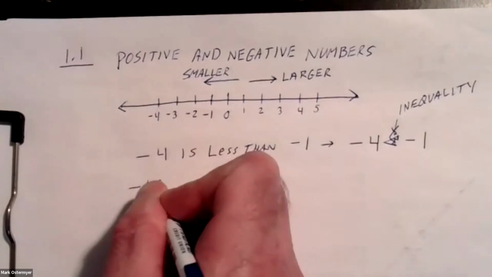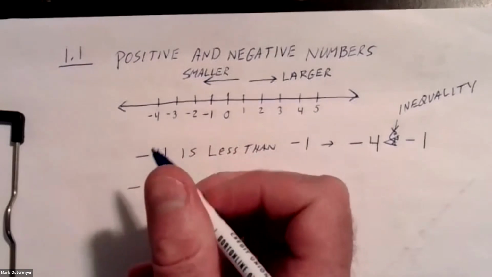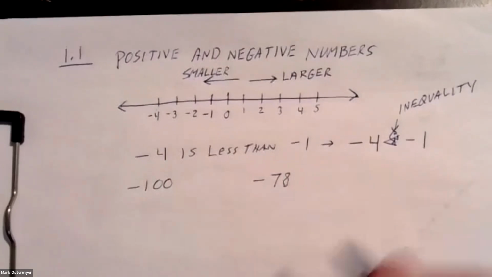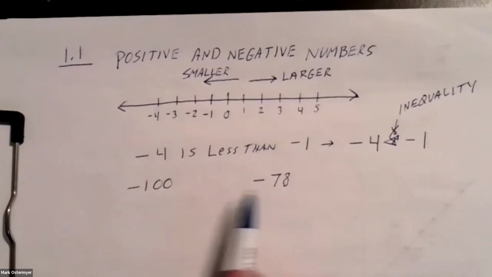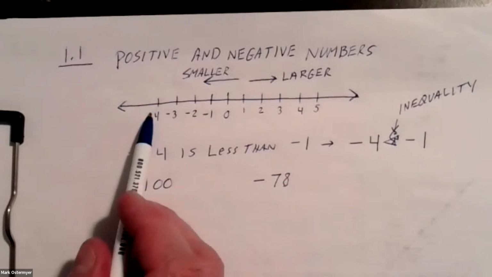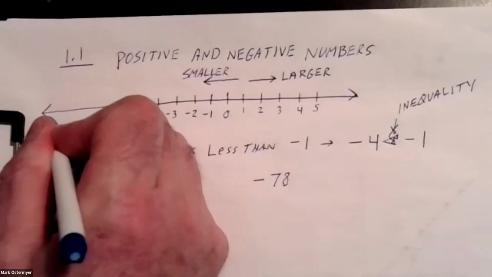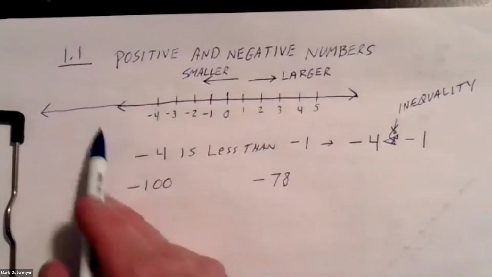Now, I have a question. When you compare -100 to -78, is -100 less than or greater than -78? Think about it, ladies and gentlemen. Which number would we encounter first as we move from right to left on this number line? We would run into -78 first.